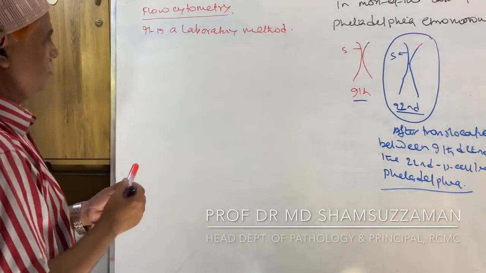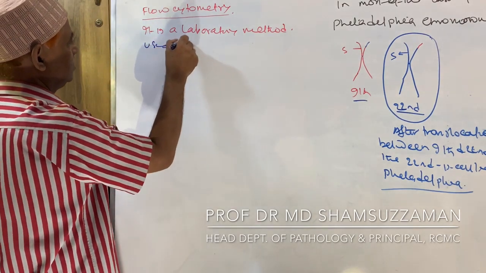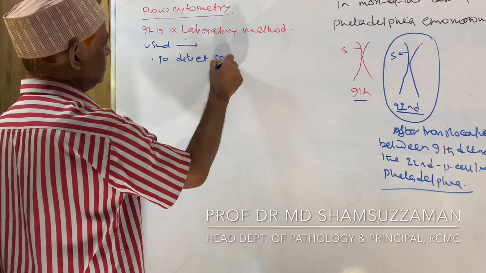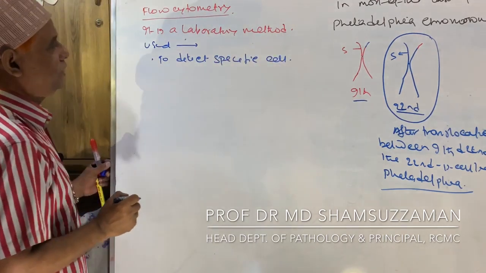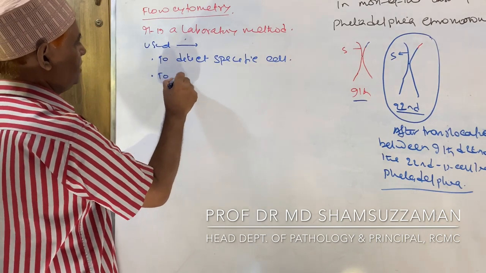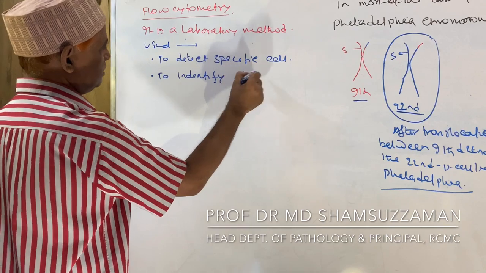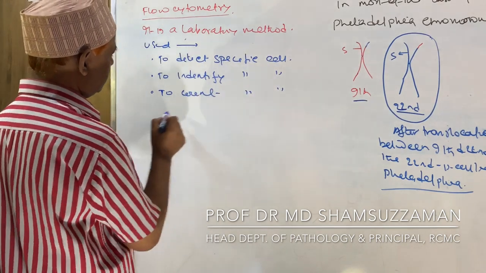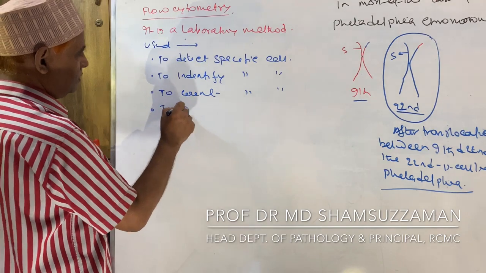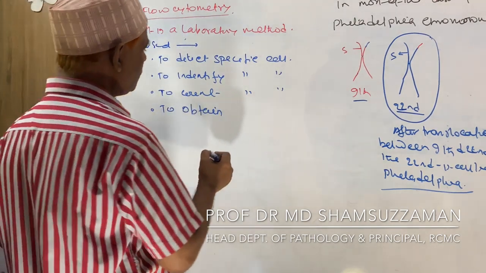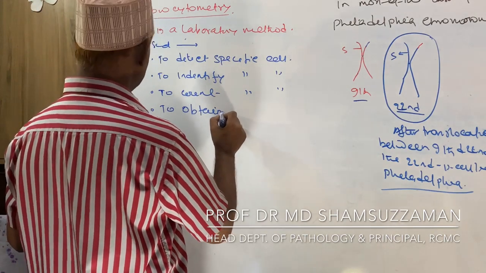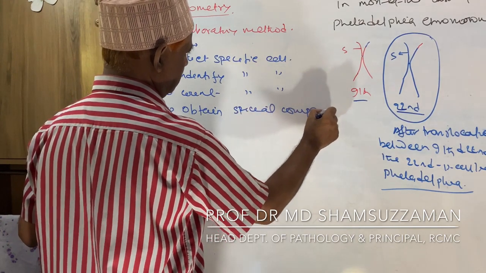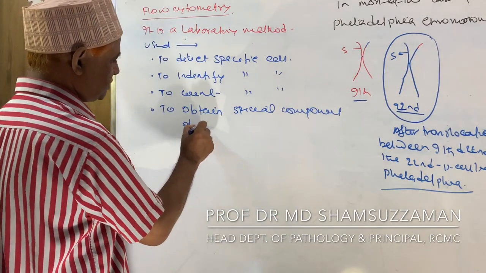It is used, number one, to detect a specific cell, to identify a specific cell, to count a specific cell, and to obtain a special component of the cell.